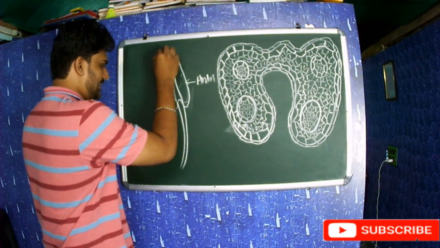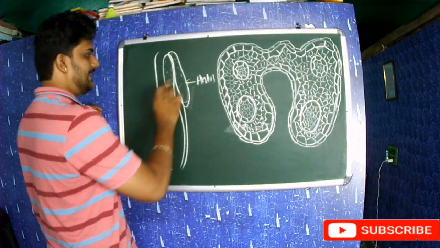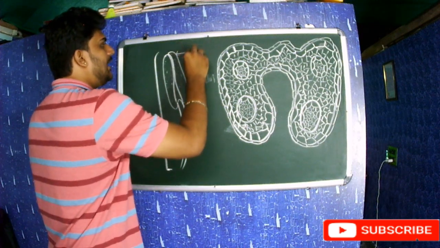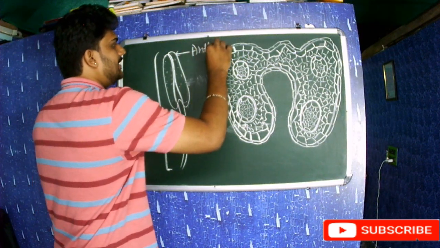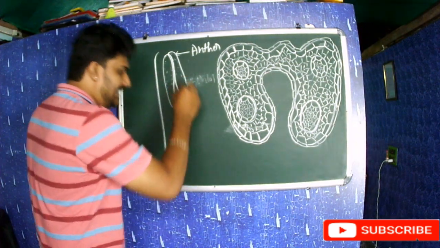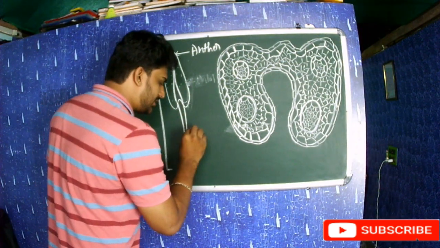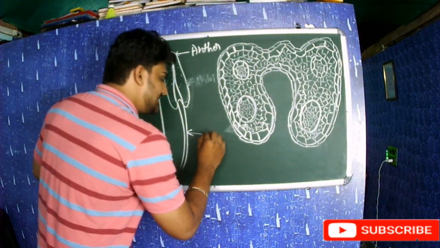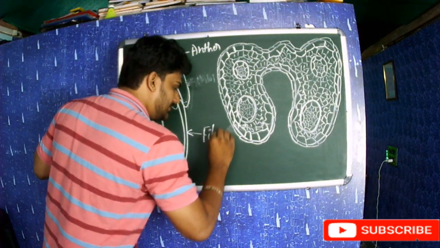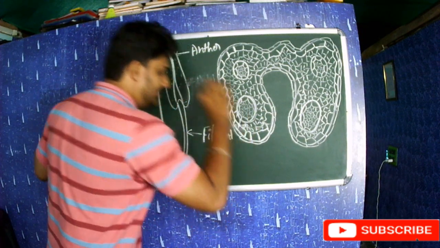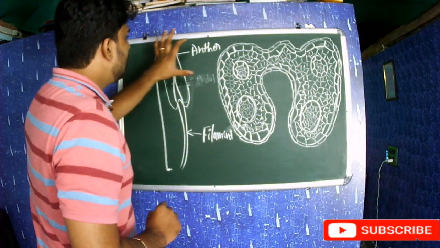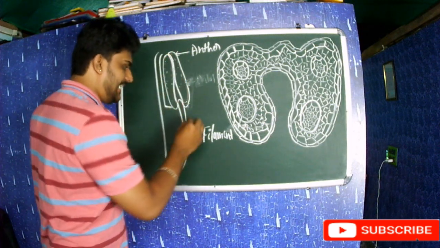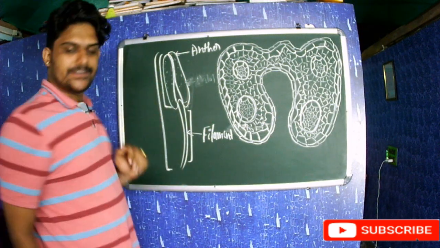Stamens look like this, and it bears a bilobed anther and a slender stalk, which is known as filament. So anther, this much part is called anther, and this is a slender stalk which is known as filament.